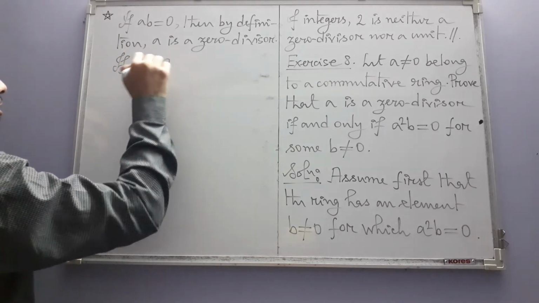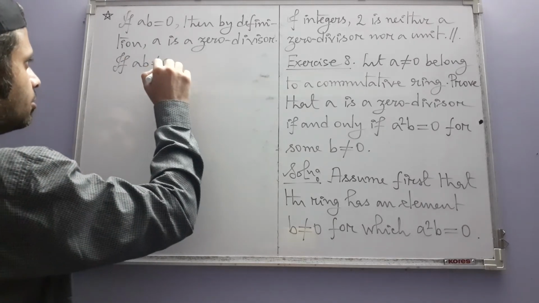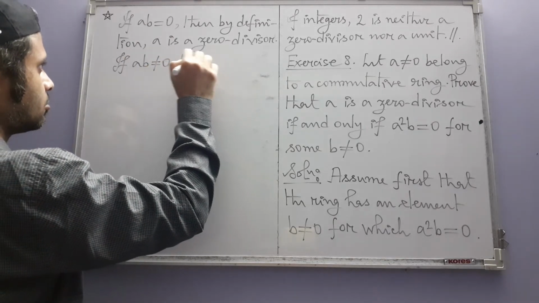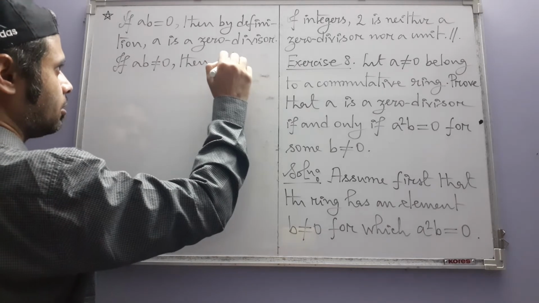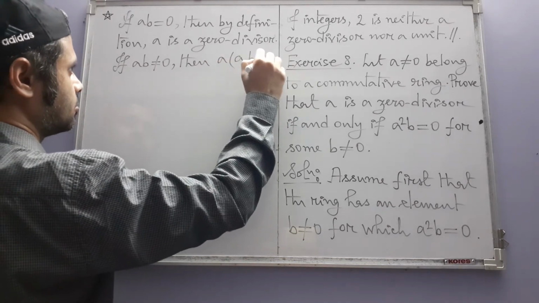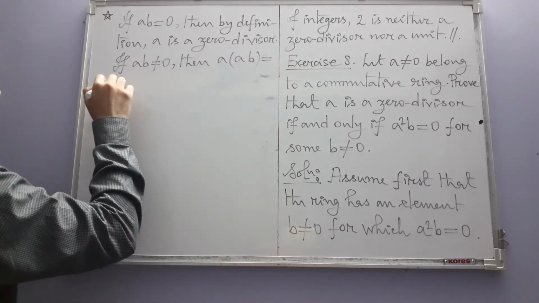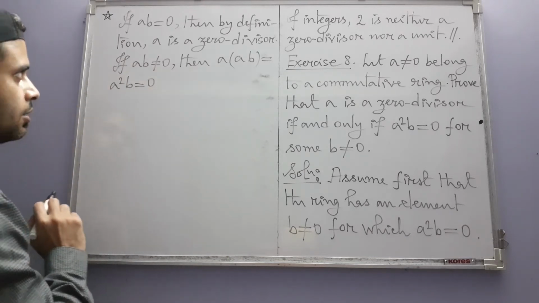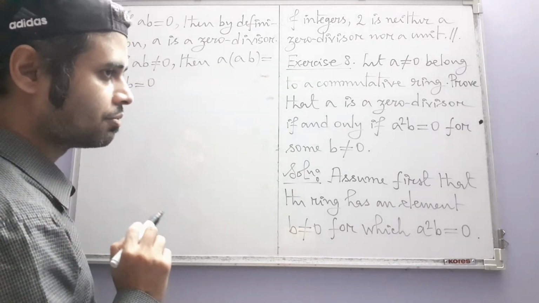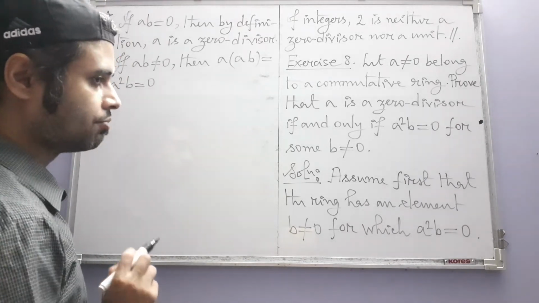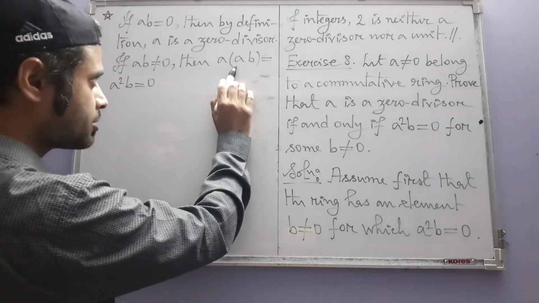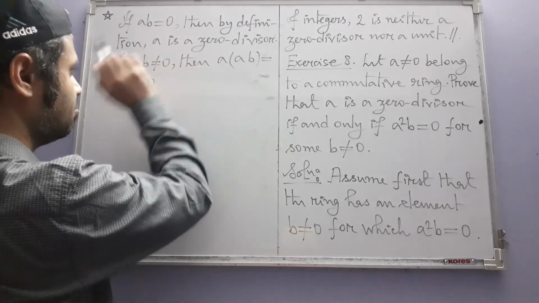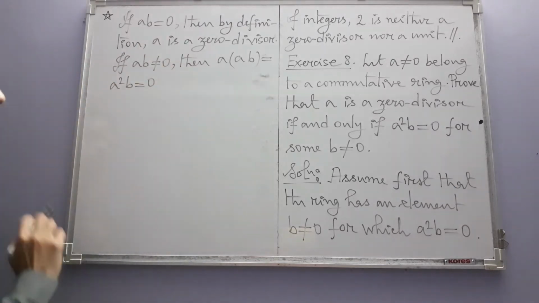On the other hand, if AB is not equal to 0, then A times AB is equal to A square B is equal to 0. Now the non-zero element by which if we multiply A, we get 0, that role is now played by AB instead of B, because now AB is non-zero.